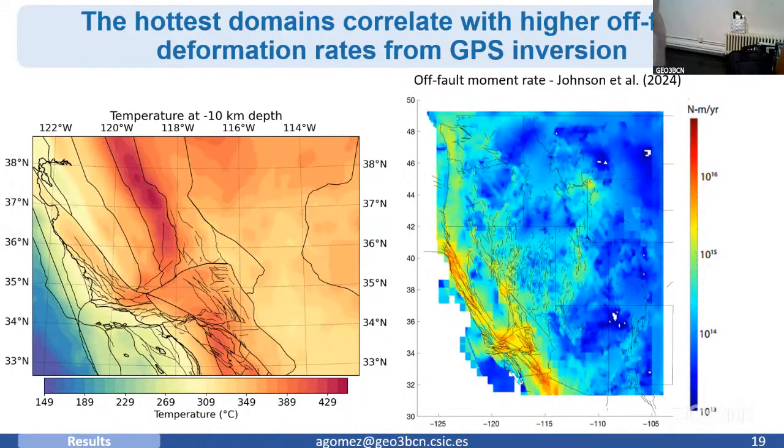So coming back to the temperature in our model, here I'm showing you the temperature at 10 kilometers. Maybe you can see more clearly the fork-like structure I mentioned before. And here I am comparing it with the off-fault moment rate as mentioned in the introduction.